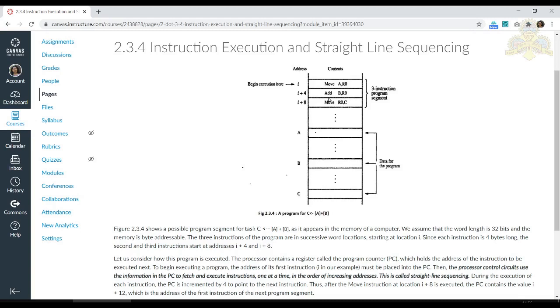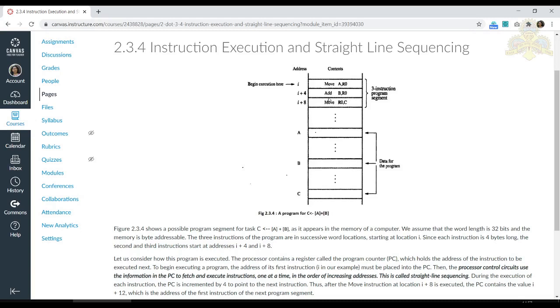Then you perform the arithmetic or logic operation, then store the result in the memory. At some point during this two-phase execution, the PC will point to the next instruction.